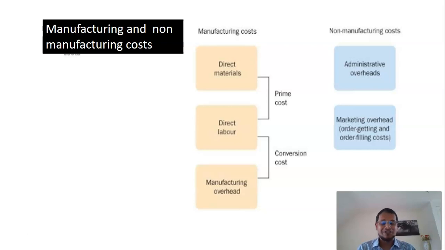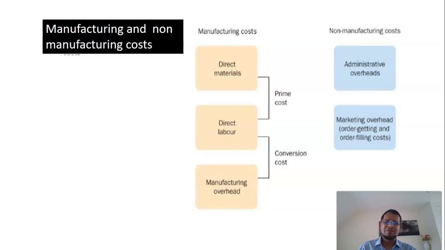But some of the expenditure, either manufacturing or non-manufacturing, we cannot directly estimate, directly trace, directly relate to a product or process. That's why these are called indirect expenses. Manufacturing indirect expense or manufacturing overhead, and non-manufacturing overhead or administrative overheads, marketing overheads, something like this.